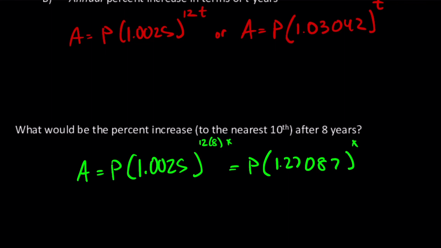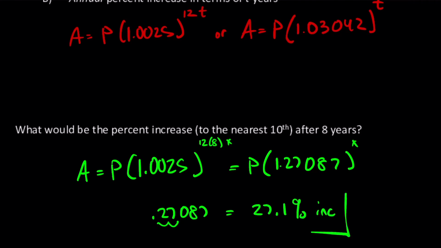So remember, our x here represents 8 years. For the percent increase, take this, subtract 1, so that will be 0.27087. Move this over 2 places, and that will be 27.1% increase over 8 years.